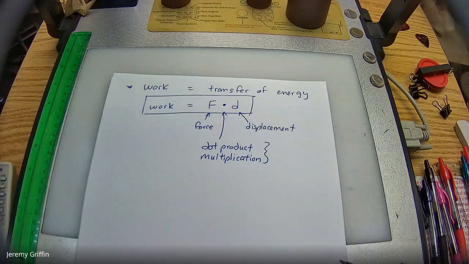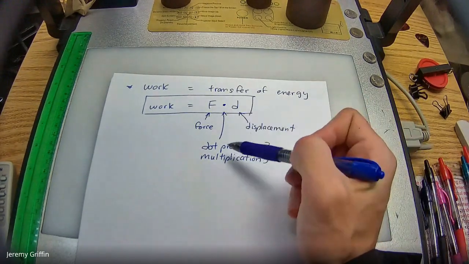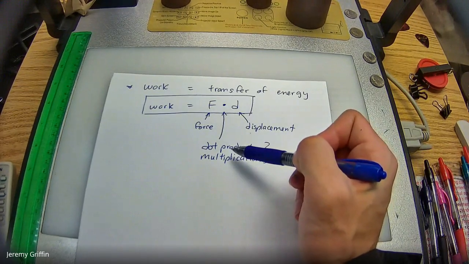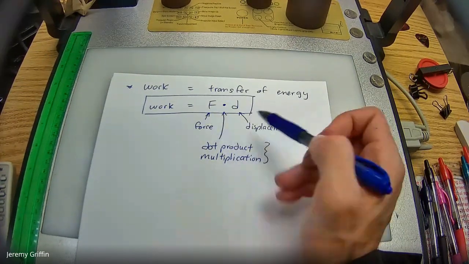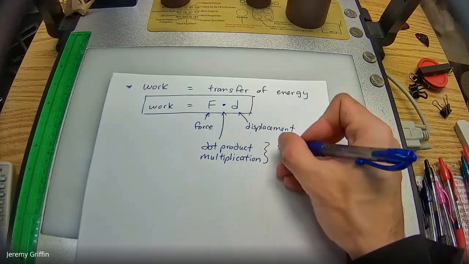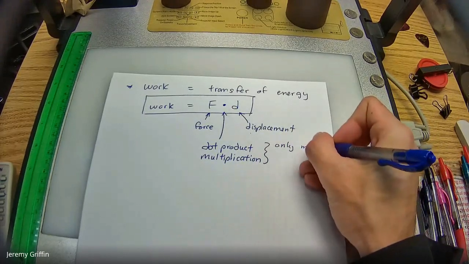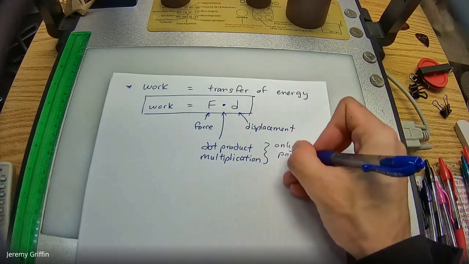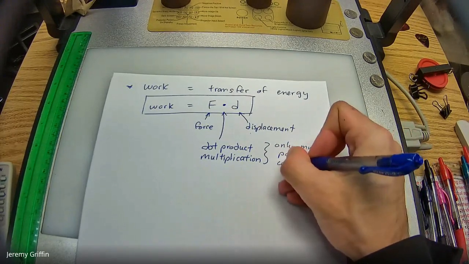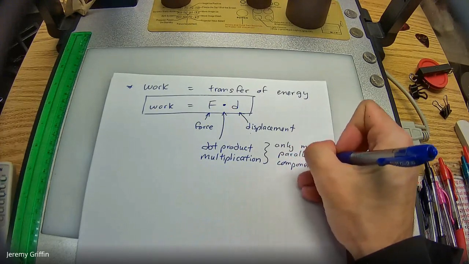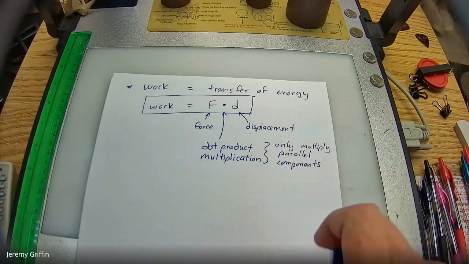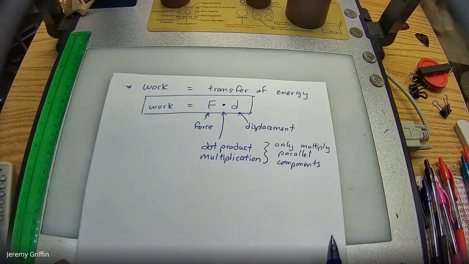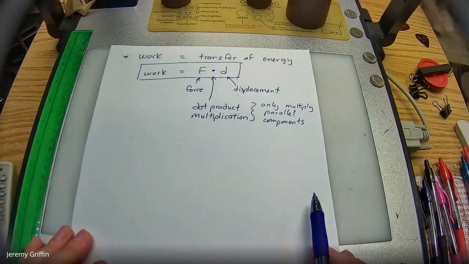A dot product is in contrast to what's called a cross product, which is going to be important later, but not today. What a dot product means is that you only multiply together parallel components. So if you're pushing on something and it moves some displacement, you only care about the parallel parts, and I'll draw a picture for you in a minute so this makes sense.